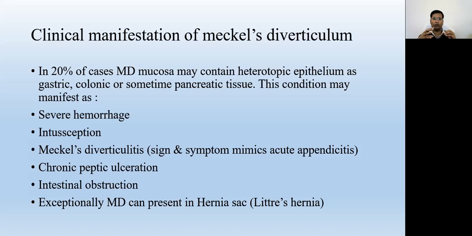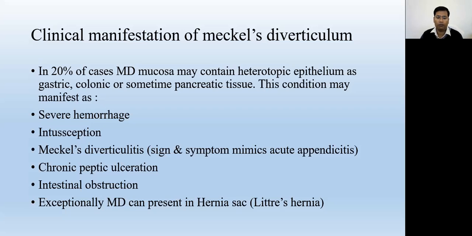Then intussusception occurs, meaning one part of the intestine invaginates into the adjacent part of the bowel. So that is called intussusception. Due to the presence of this diverticula, sometimes the intestine fails to relax. That's why this happens.